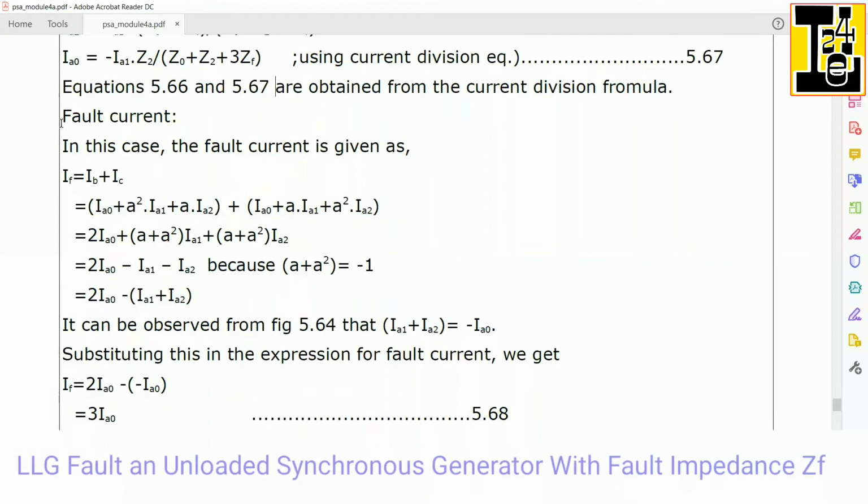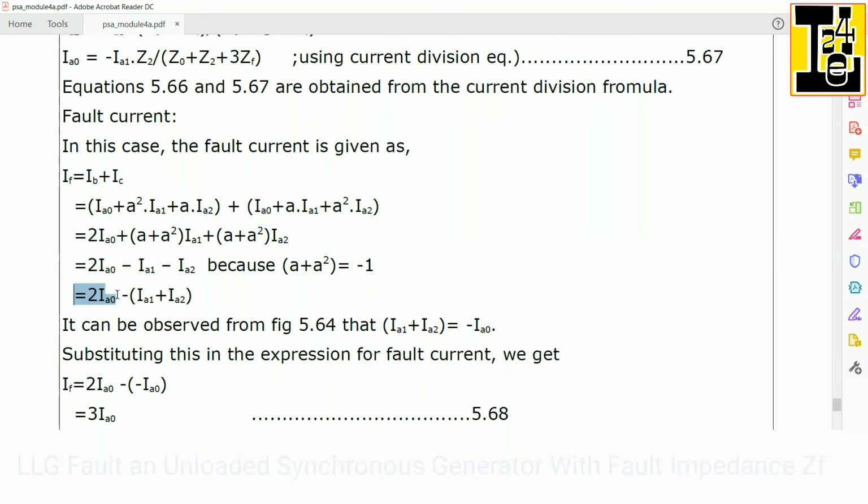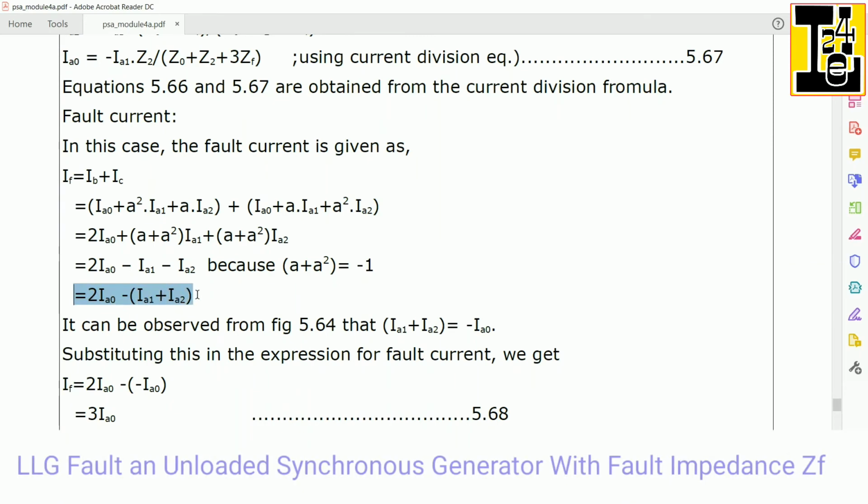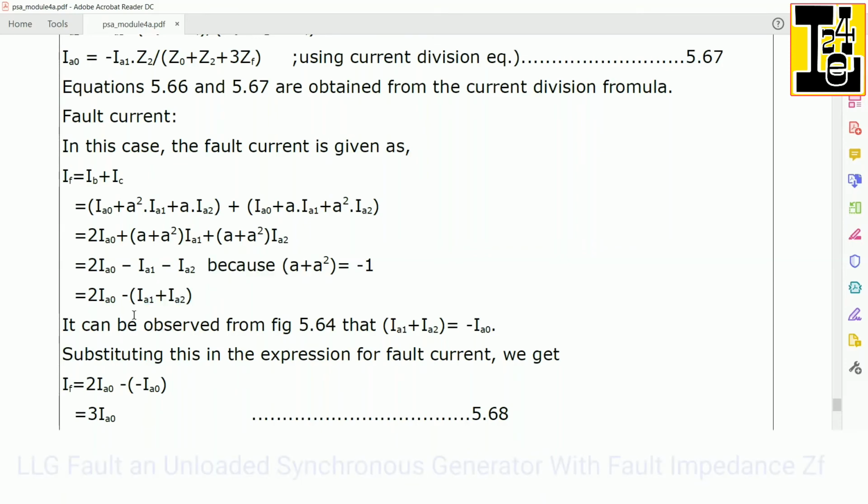Let us find the fault current. The fault current IF is equal to IB plus IC. Individually IB in terms of symmetrical components and IC in terms of symmetrical components will be written here. Solving further, we will get IF equals 2 IA0 minus bracket IA1 plus IA2. We know that IA1 plus IA2 is equal to minus IA0.